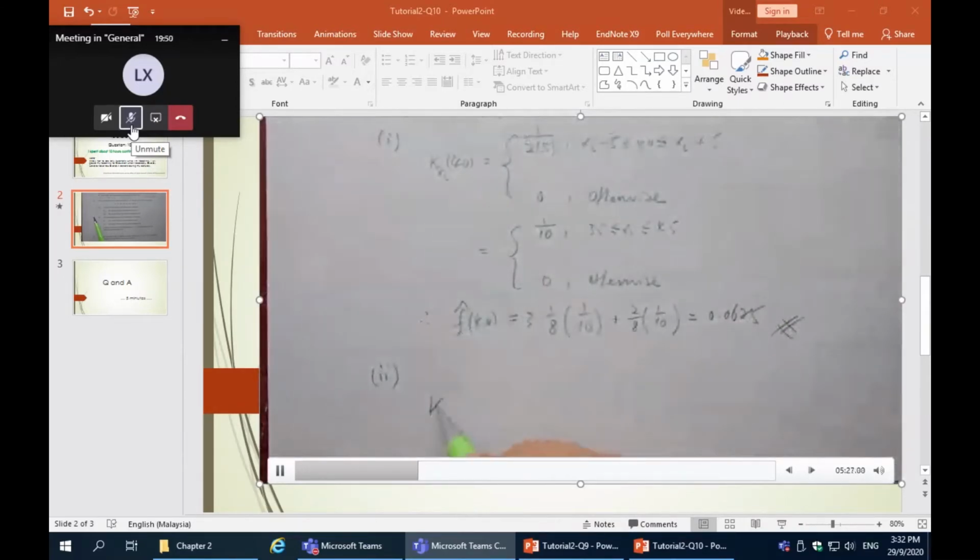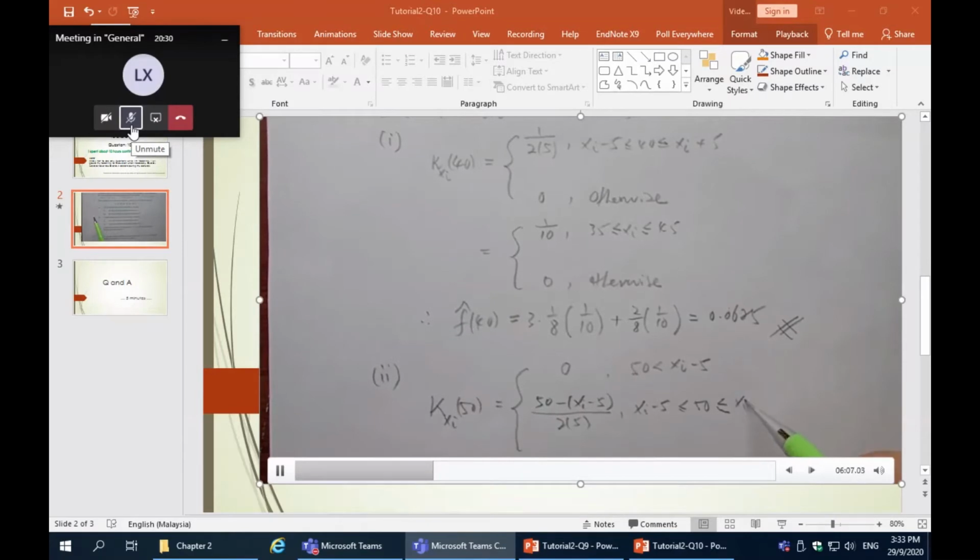So we will have this kernel distribution at 50 based on xi, which is equal to 0 when 50 is less than xi minus 5, and this k value equals 50 minus xi minus 5, divided by 2 times 5, at this interval where xi minus 5 is less than or equal to 50, and 50 is less than or equal to xi plus 5. And this k value equals 1 when 50 is greater than xi plus 5.